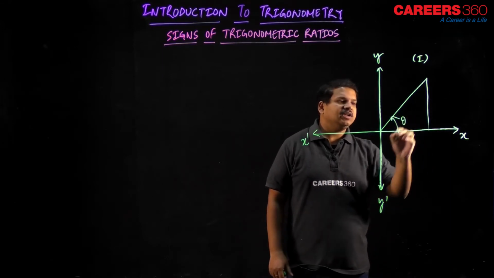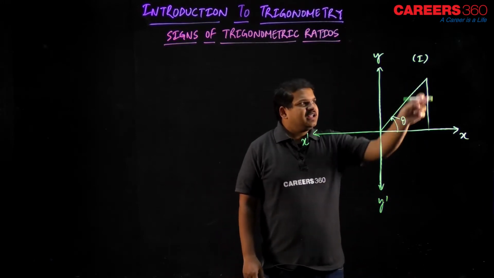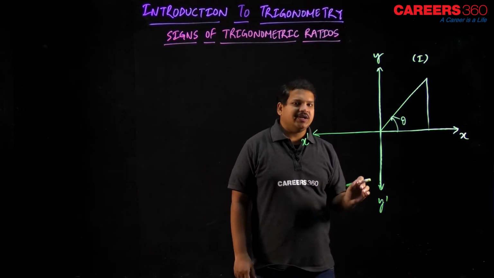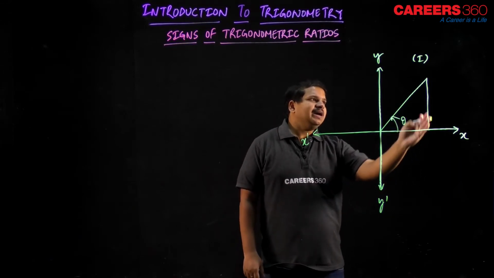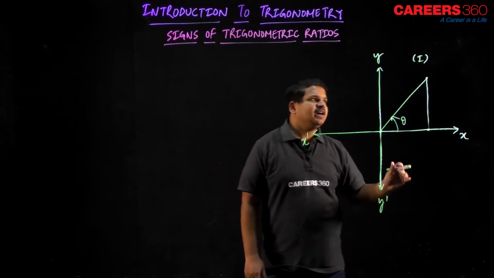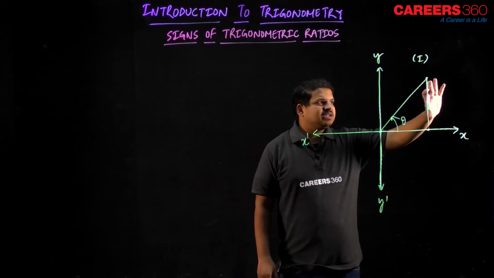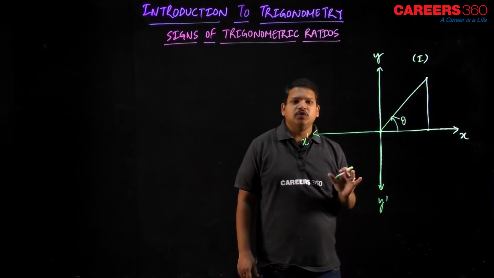As you can see, if my triangle is in the first quadrant, then my angle is theta, and right over here this is my perpendicular, this is my base, and this is my hypotenuse.